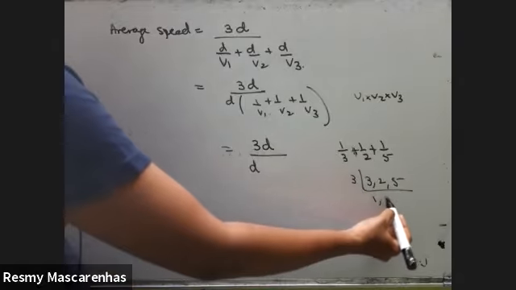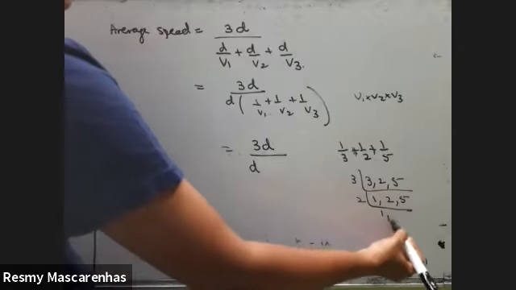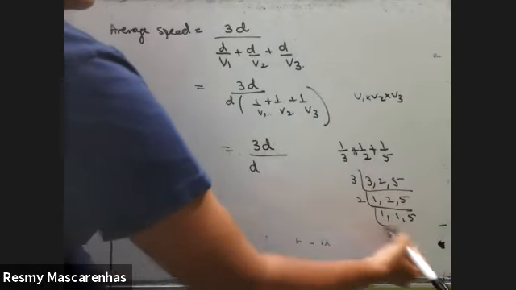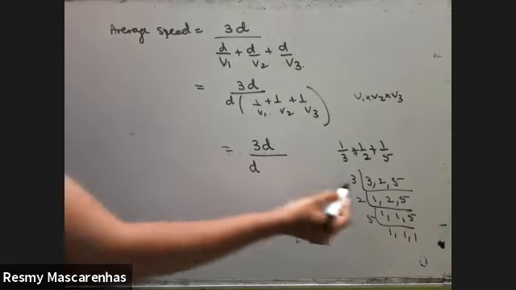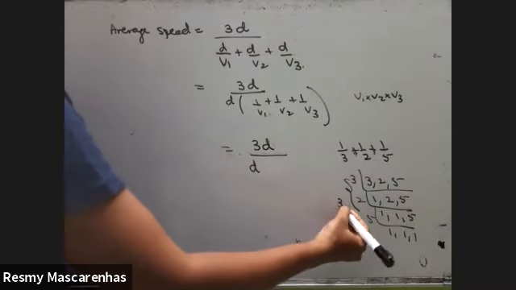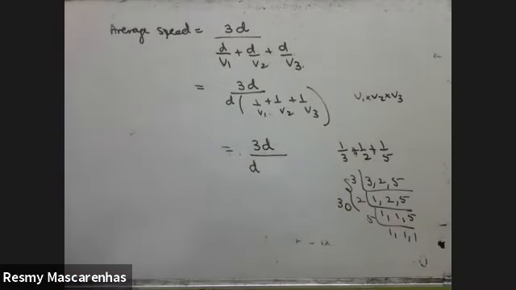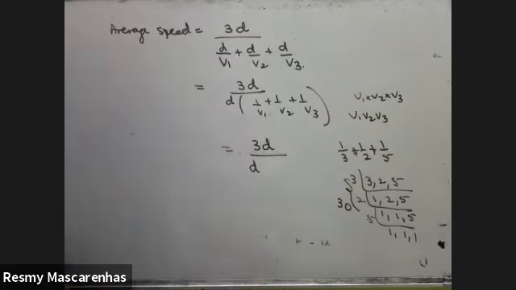If nothing is common, then 2 and then 5 like this, and then we multiply all the three numbers. 5 twos are 10, 10 threes are 30. So 30 becomes the LCM. In the same way, if we have V1, V2, V3, that becomes the LCM.